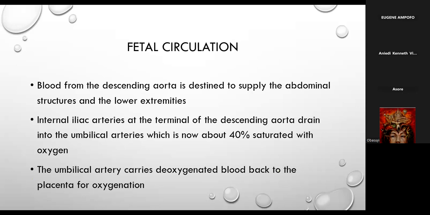Now, the blood in the descending aorta moves to the internal iliac artery, which joins with the umbilical artery. At this point now, they are about 40% saturated. It's now taken up by the umbilical artery back to the placenta for oxygenation.